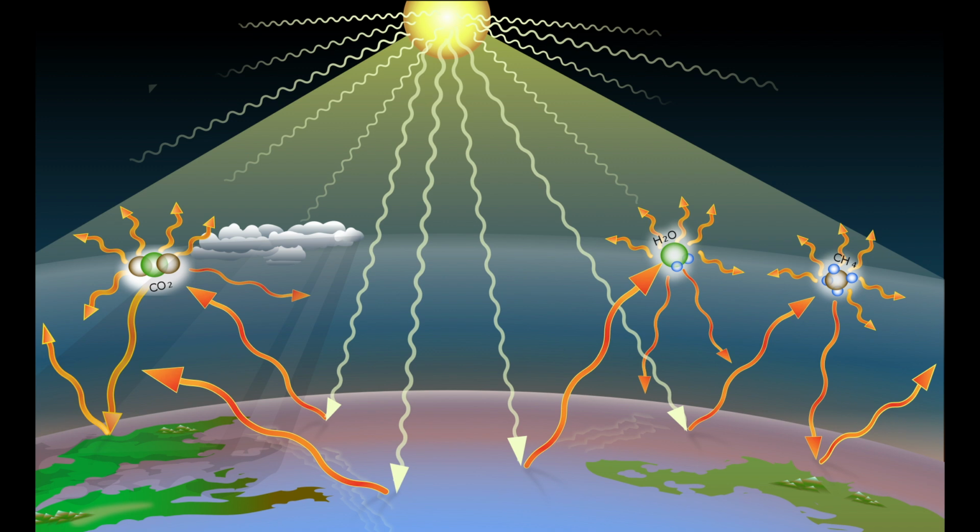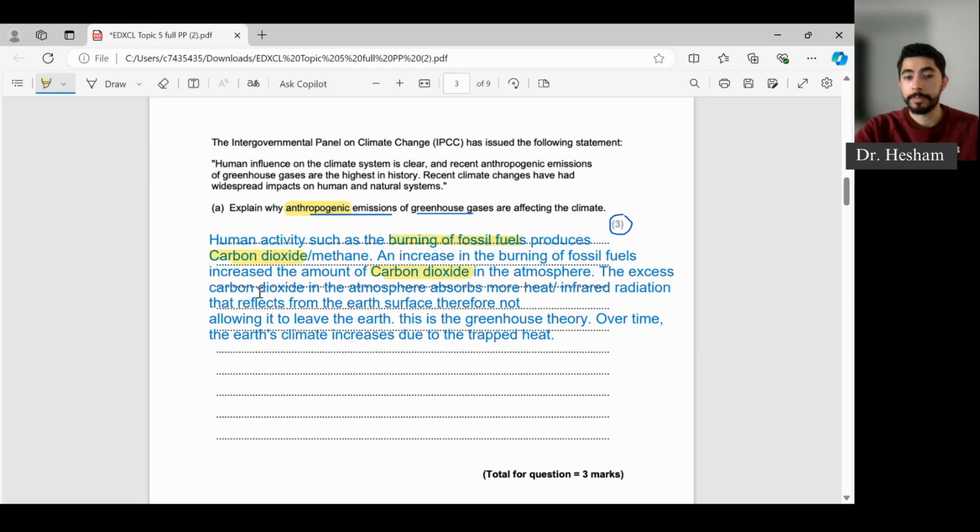But when you increase the amount of emissions, carbon dioxide actually absorbs the infrared radiation. So this is the key word here, absorbs infrared radiation. Infrared radiation is basically heat waves.